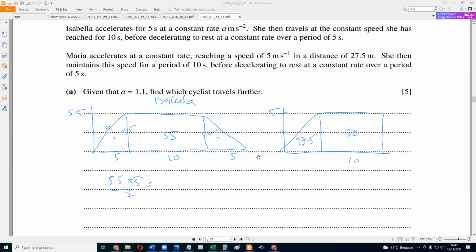After that, decelerate for 5 seconds until 0. So 5 times 5 over 2 is going to be 12.5. So we can calculate the total distance for Isabella and for Maria for now. Maria is 90 and Isabella is going to be a total of 82.5.